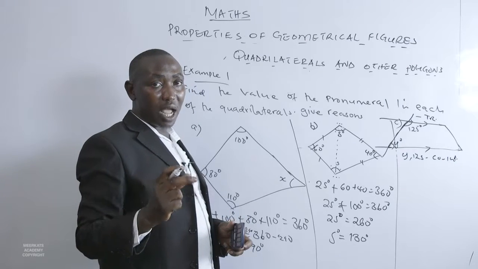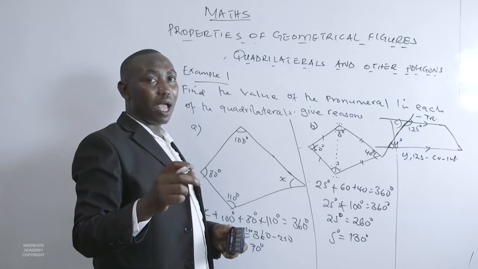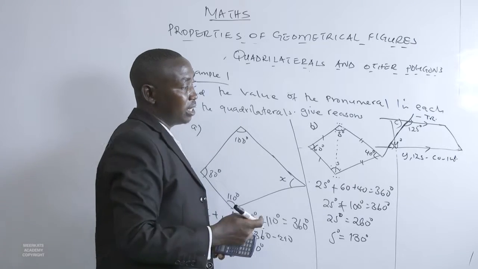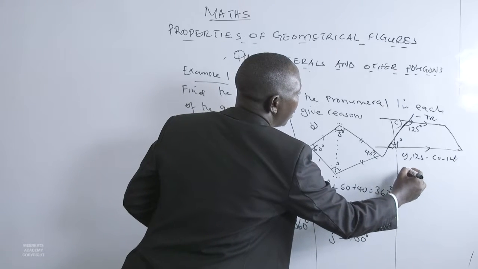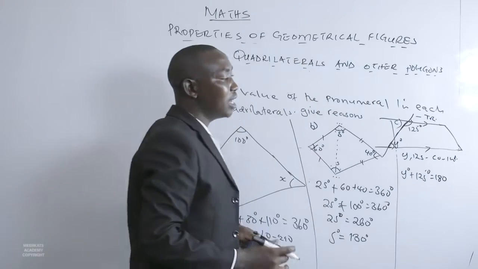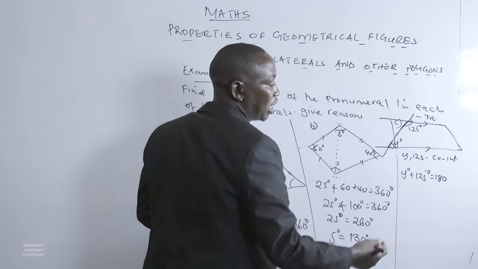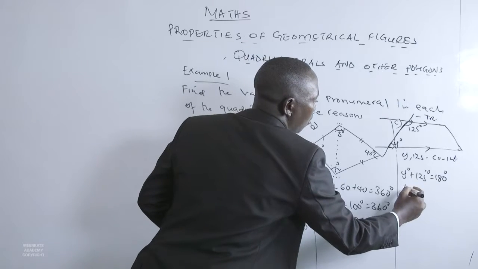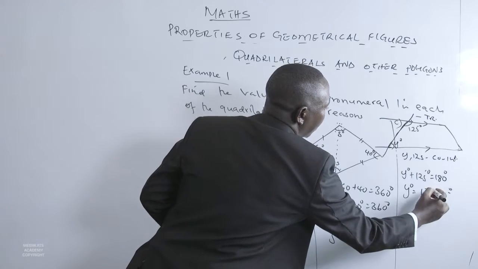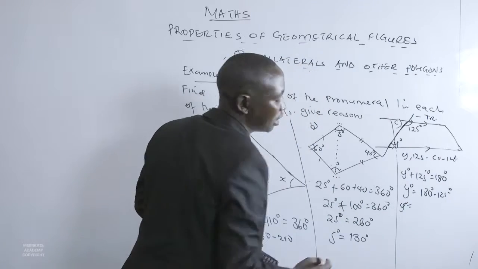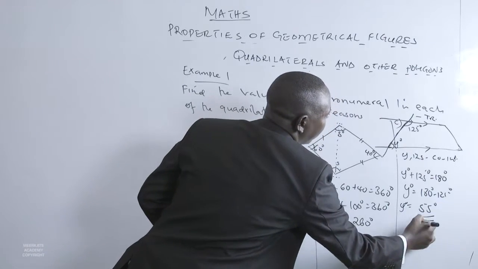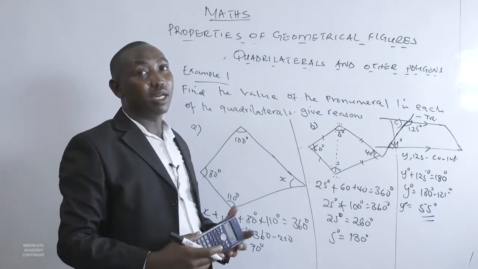And if they are co-interior angles, we are able to say that the sum of co-interior angles adds up to 180 degrees. So if you take y plus 125, you will get 180. When we subtract 125 from both sides, y will be 180 subtract 125 degrees, which will give us that y is going to be 55 degrees.